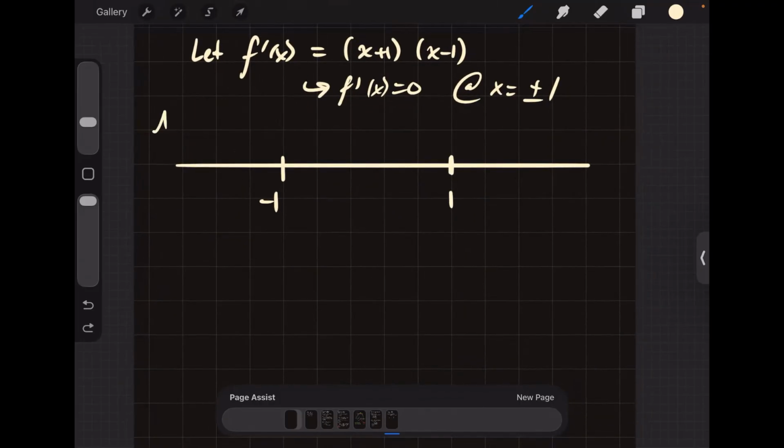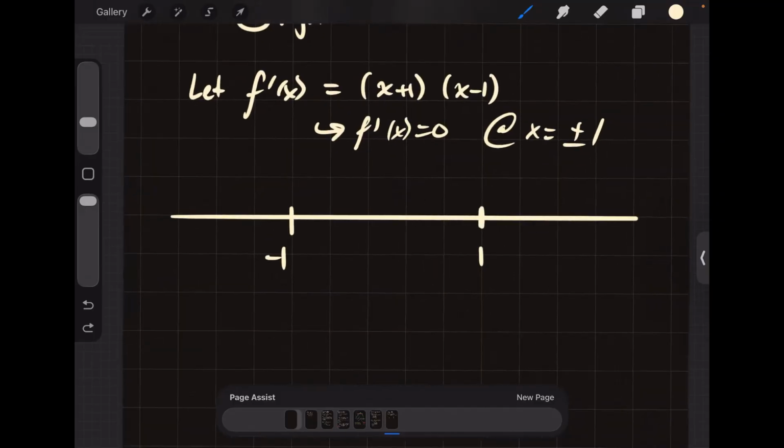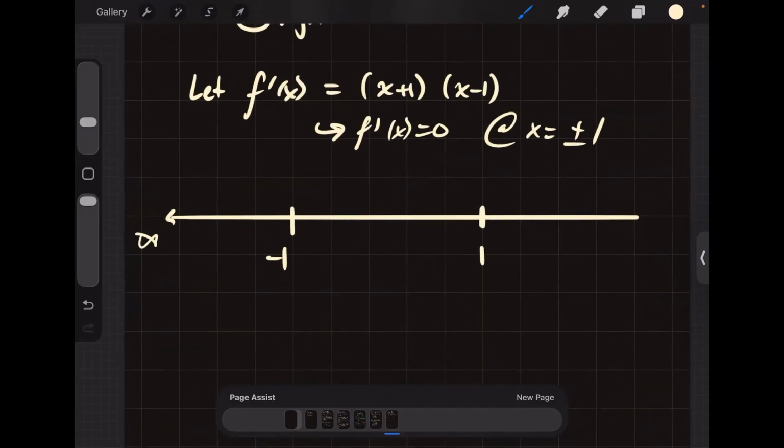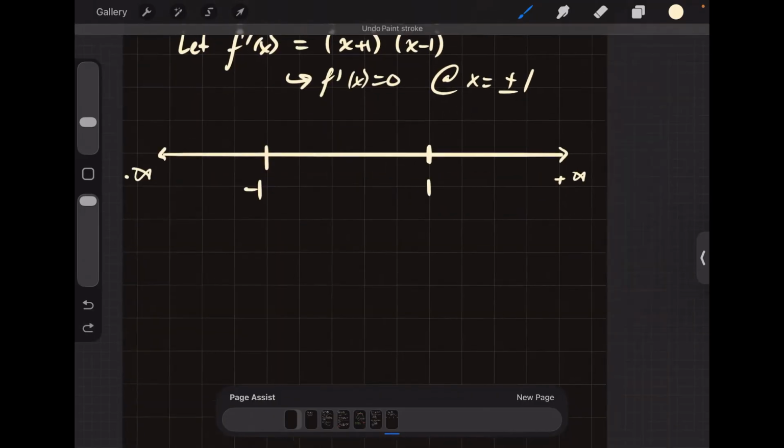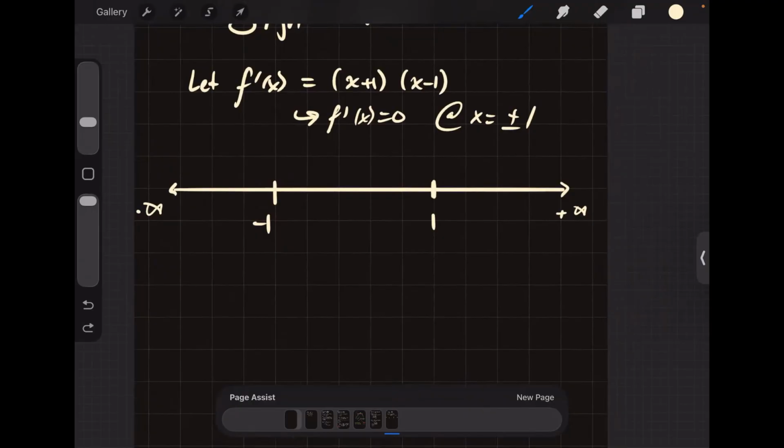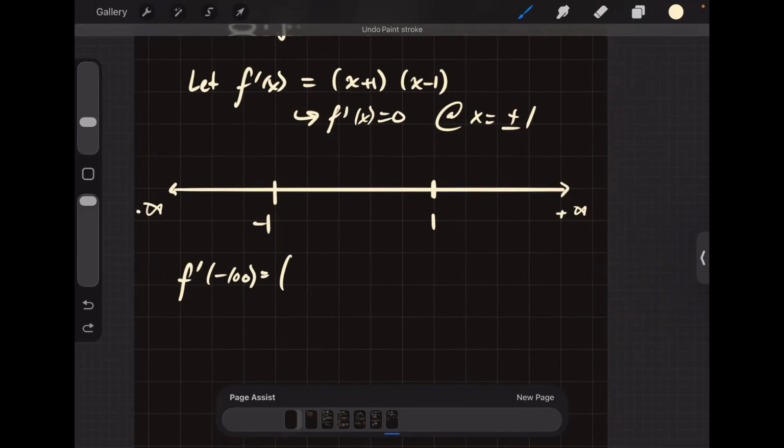We're going to start over here. I'm going to call this section A, right? Pick a number that's nice to work with in section A. My personal advice is if one of your sections heads towards positive and negative infinity, choose obnoxiously big numbers. For section A, I'm going to choose negative 100. So f prime of negative 100: negative 100 plus 1 is going to be a negative number.